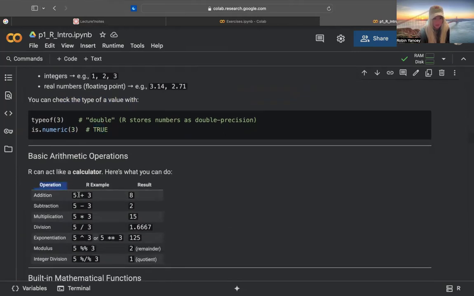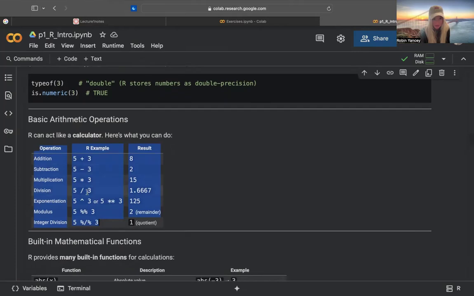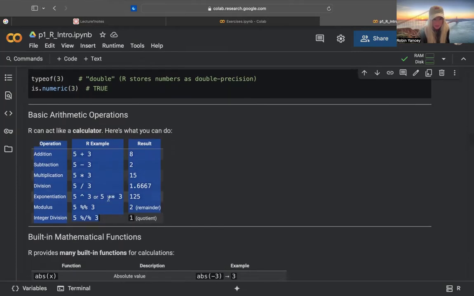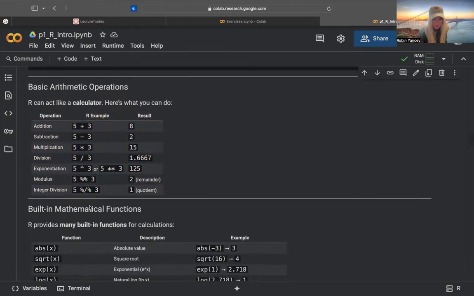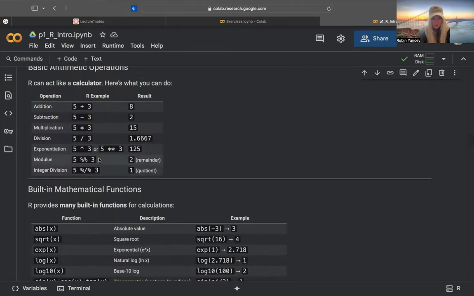And here's a little summary of the arithmetic operations: addition, subtraction, multiplication, division. We can do the power in two different ways. Modulus, as we'll see in some examples, we can divide one number by the other, and the modulus will give us the remainder of one number divided by the other.